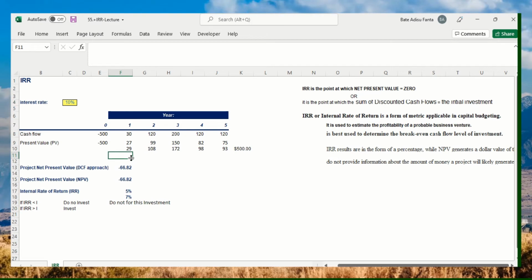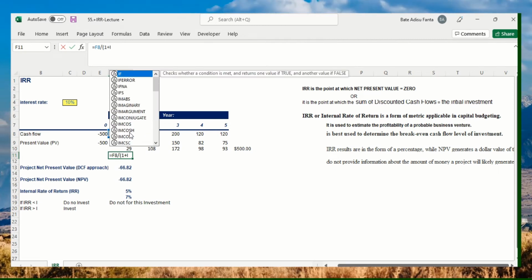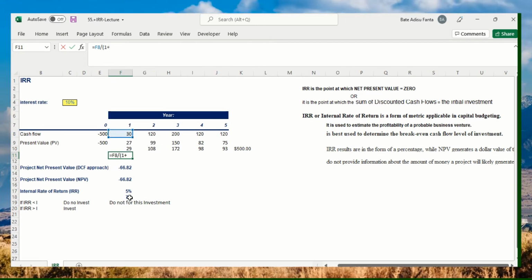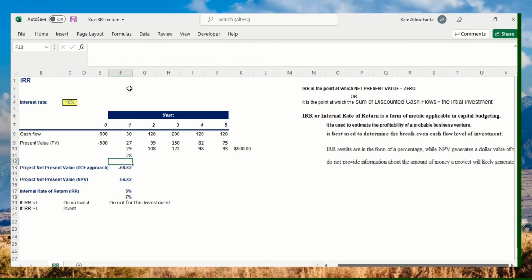Let's see. Equal the present value, which is 30, over 1 plus the interest rate, which is 7 here, and then raise to the power of 1, and don't forget to fix this cell reference so that it does not move, and then click OK.